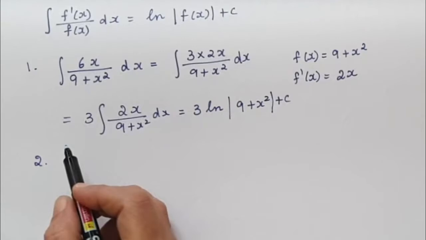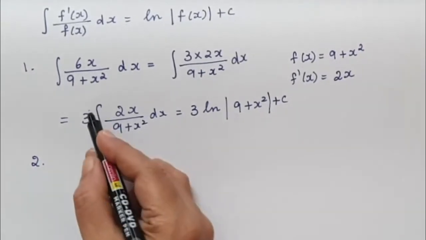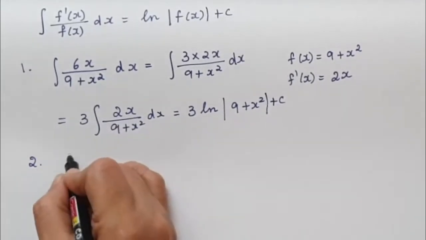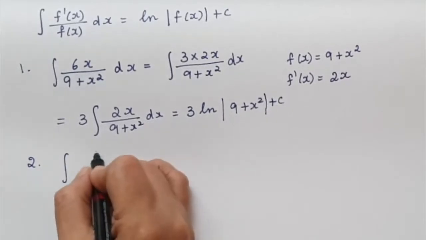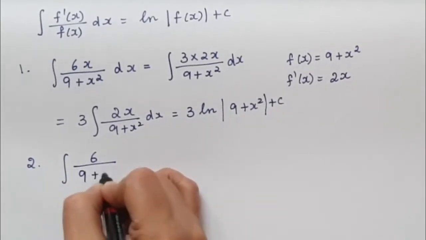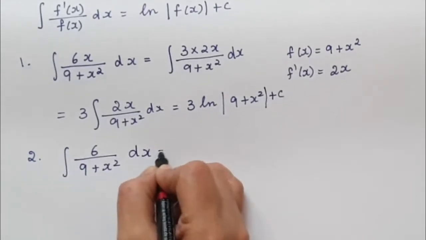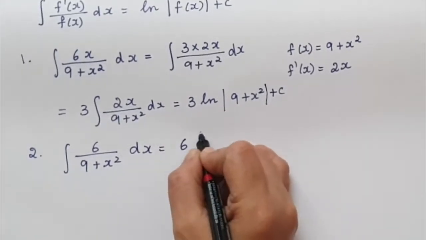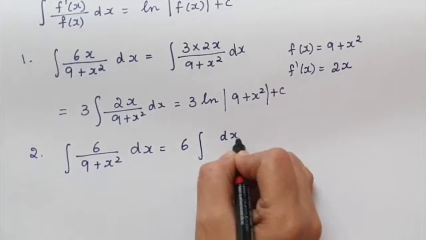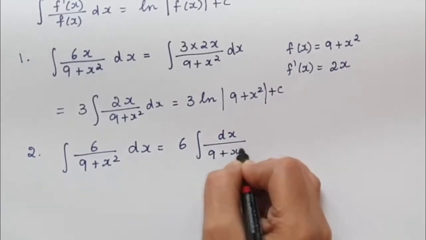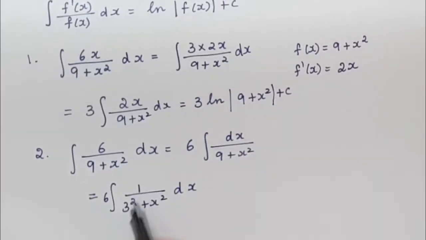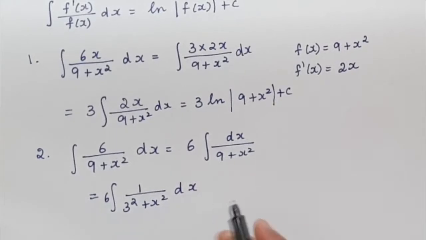Now let us see the second question, where you can get confused with the tan inverse question. Suppose you have a question as 6 over 9 plus x squared dx. In this, we can remove the 6 outside and write it as dx over 9 plus x squared. And this can be written as 1 over 3 squared plus x squared dx.